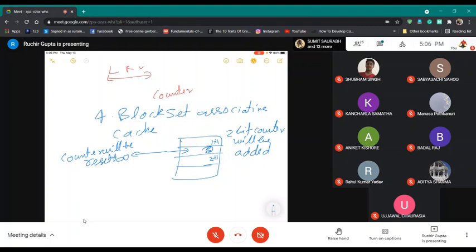And when a miss occurs, and suppose there is no place available, so suppose it is all filled, the one having the highest counter value will be replaced, and the new block will be placed at its location and given a 0 value, and the other counters will be incremented by 1.